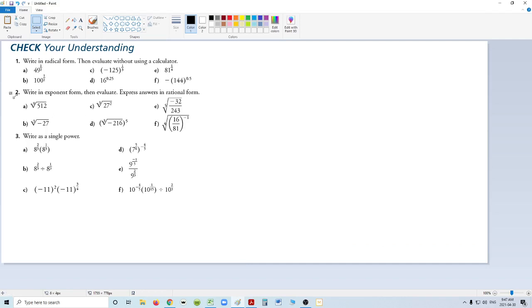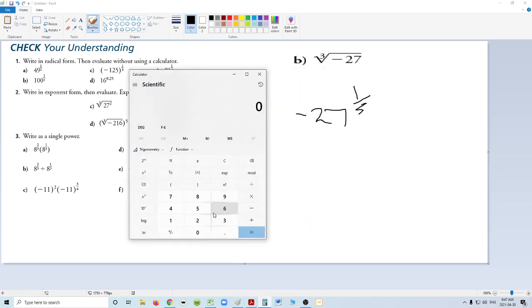So I'm going to erase them as I go so that I know which ones I've solved. Okay, so this one, it's asking me to write it as a fractional exponent, and then I'm going to get my calculator. To make negative numbers, you punch in the number, and you hit this plus minus button.